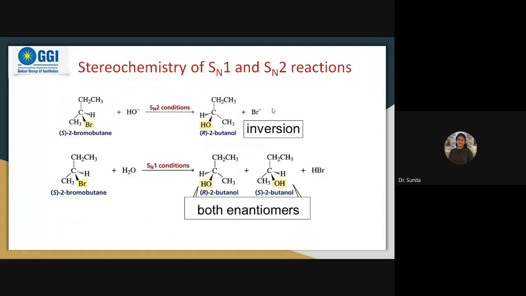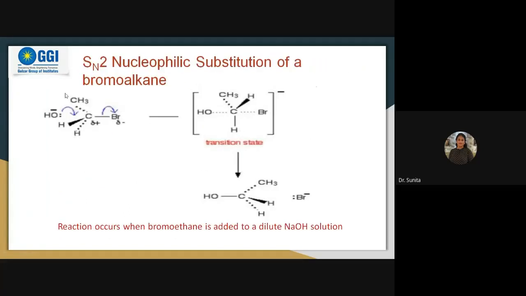So see over here how this attack is going to take place. Here I have a less substituted alkyl halide. You can see H is the smaller, lighter group, and there is a CH3 group. The electron pair got attracted towards bromine, because bromine is electronegative in nature.